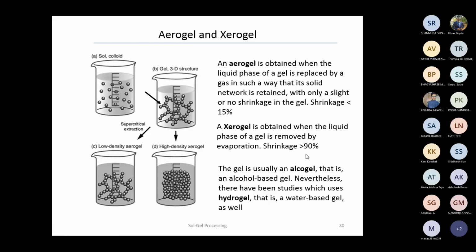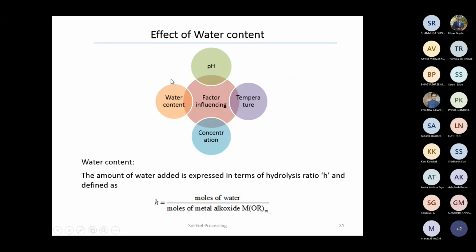And what are the different factors that affect the sol-gel process? Water content, if the solvent is water, then water content is important, the pH of the system, temperature, and concentration. Concentration means the concentration of, let's say, alkoxide or metal salt precursor, if you use it as the starting material.